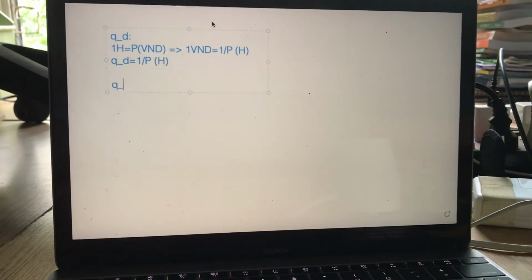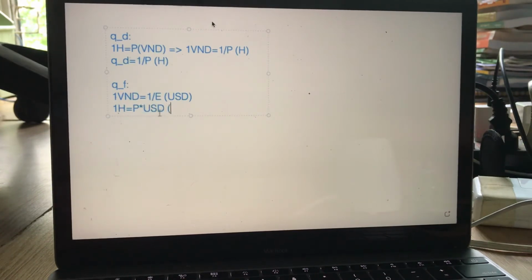For the QF, with 1 unit of VND, how much product can we buy in the foreign market? So for 1 unit of VND, you convert into USD, right? You can hold 1 divided by E USD. And in the foreign market, 1S equal to P star USD.